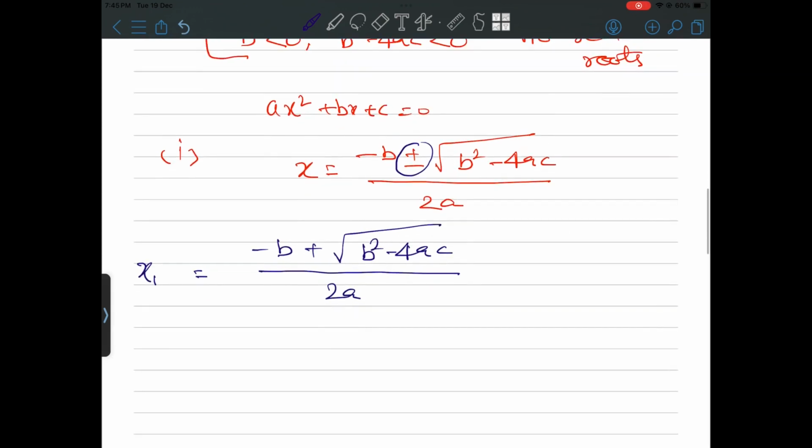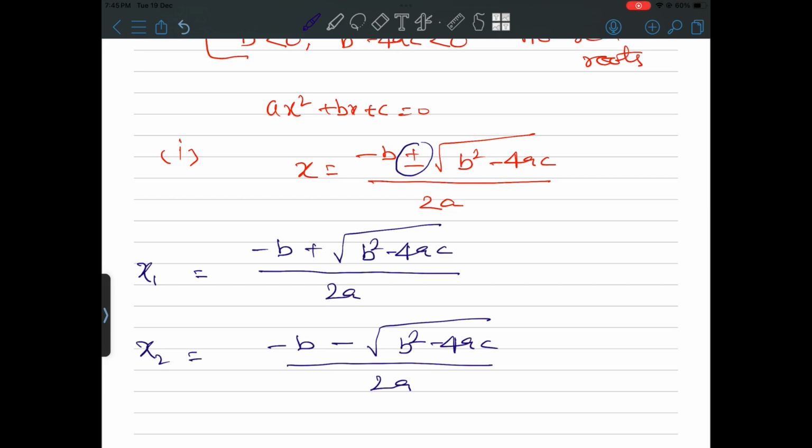And the second root will be x2 is equal to minus b minus under root b square minus 4ac upon 2a. So by this, we can find the values of the two roots, right?